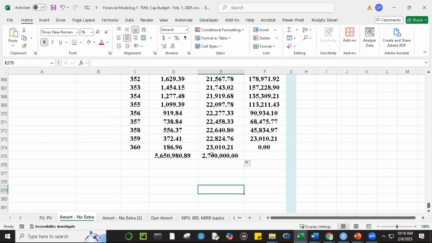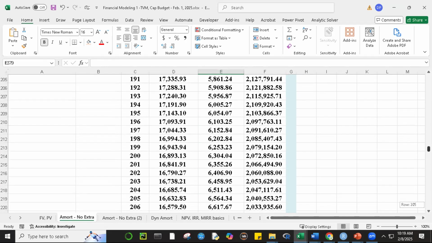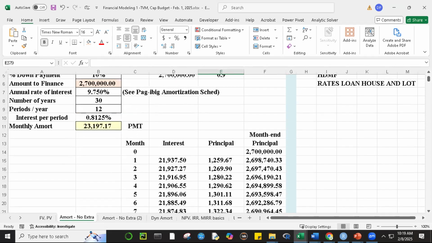Of course, the one advantage of this one, quote unquote advantage, is that you have lesser monthly amortization. Since you're a starting family, it will be easier on the pocket, 23,000. So if both of you are working, then perhaps you can easily pay off the monthly amortization.